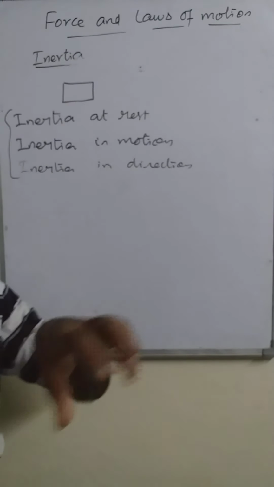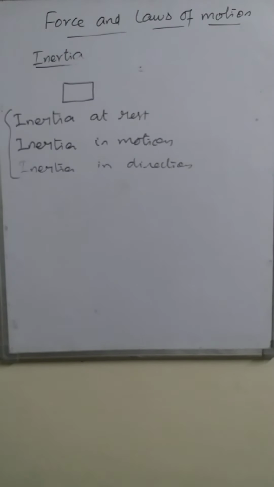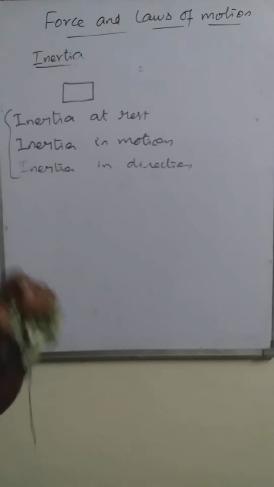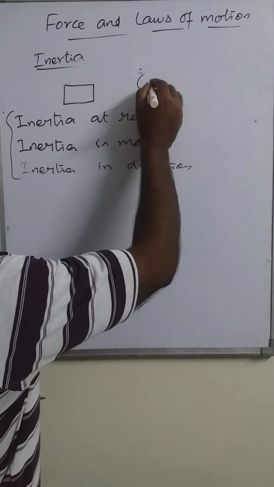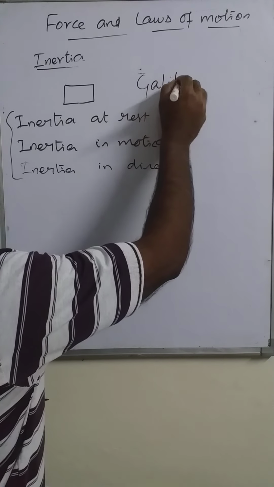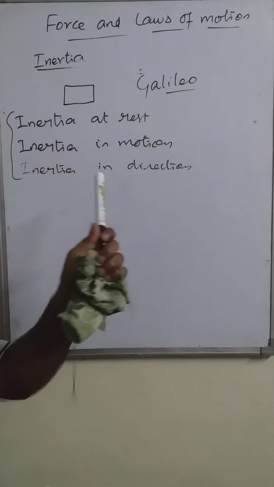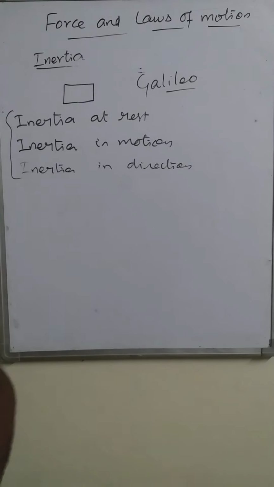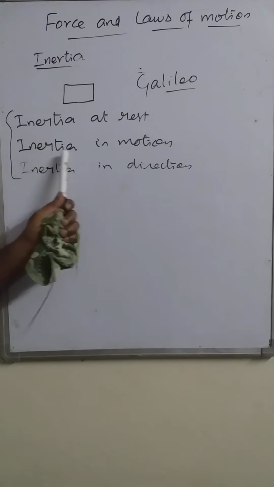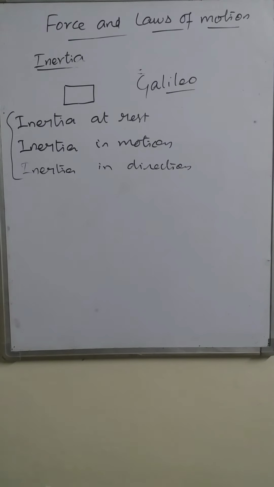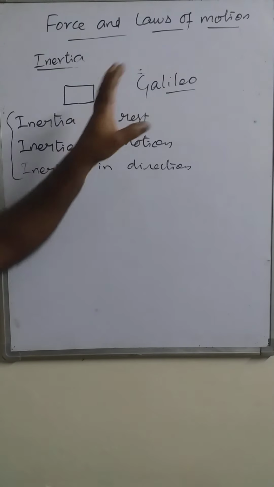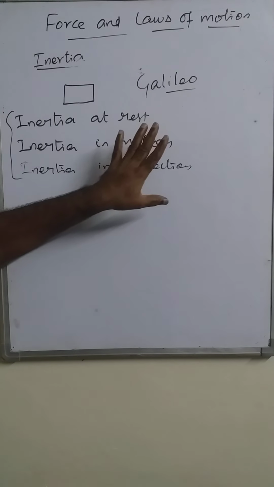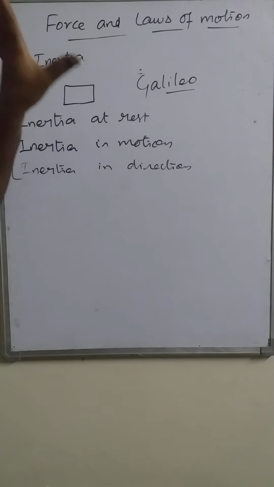And this inertia property was discovered by a scientist, Galileo, who discovered the property of inertia possessed by every object: inertia at rest, inertia in motion, inertia in direction. But beyond that, he didn't say anything.